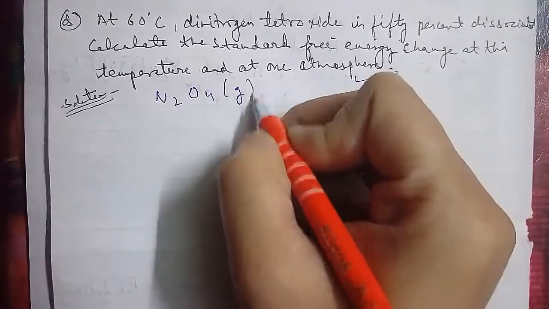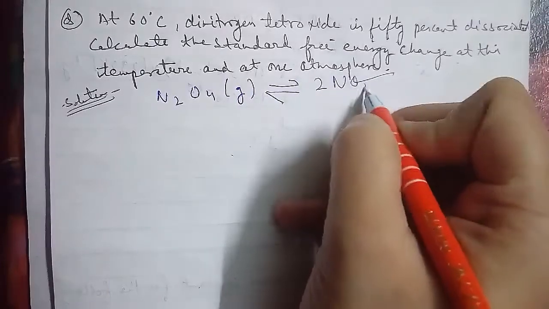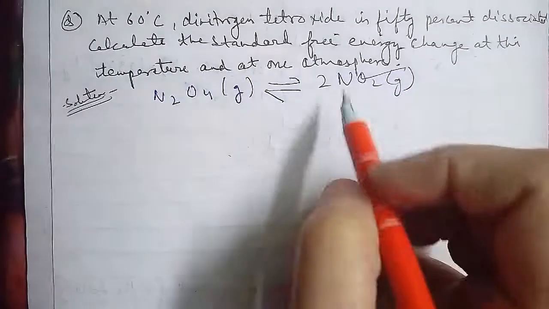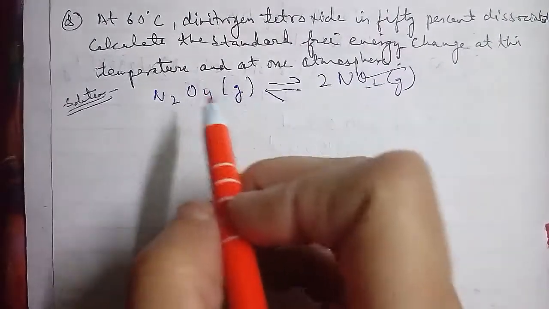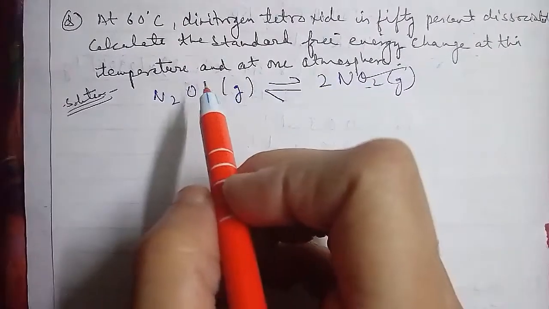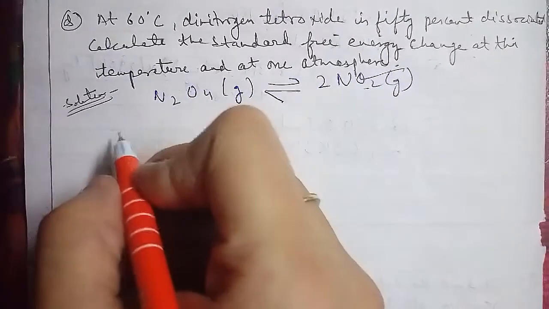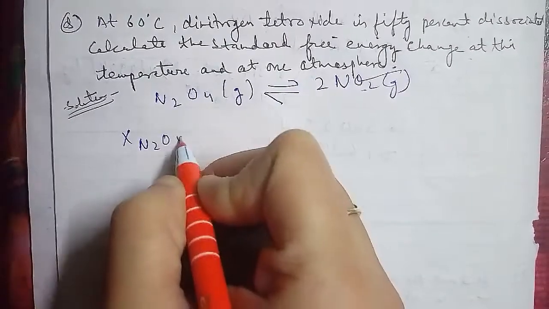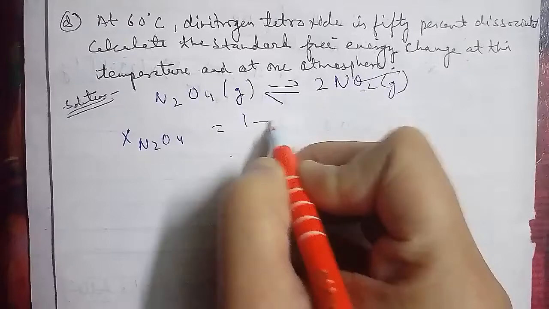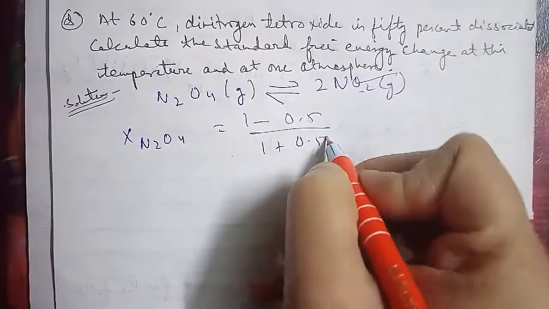In the same way, if N2O4 is 50% dissociated, the mole fraction of both substances is given by: X of N2O4 is 1 minus 0.5 upon 1 plus 0.5, and X of NO2 is 2 into 0.5 upon 1 plus 0.5.